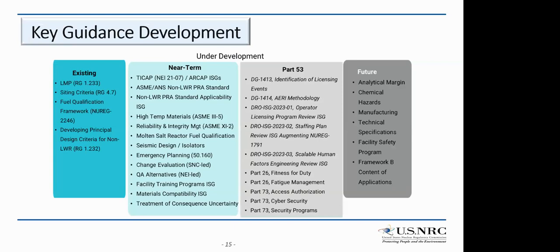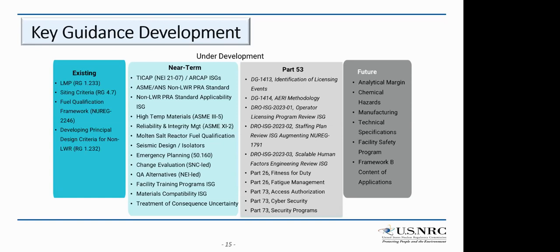And then last slide, as you can imagine, going through all of that, there's a lot of guidance that is being worked on and will be worked on in the future. I mentioned quite a few times the licensing modernization program, NEI 18-04, Reg Guide 1.233. That's carrying through with some of the top lines here you see on things like content of applications.